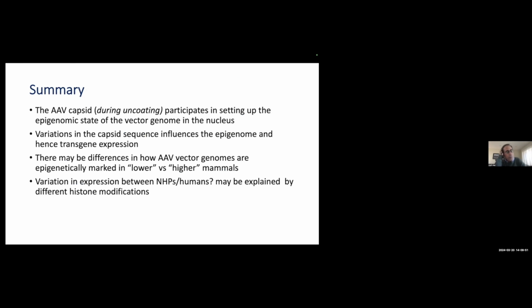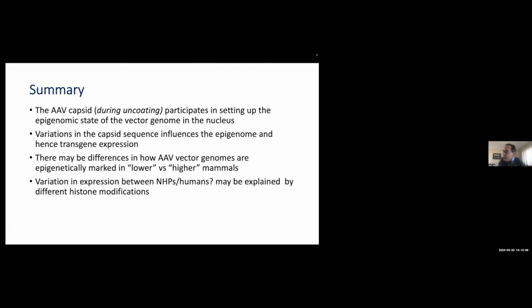So just to summarize, the AAV capsid during uncoating in the nucleus is participating in how the epigenomic state of the vector genome forms. And this is a functional biomarker.